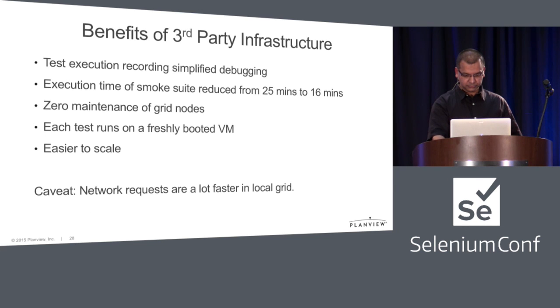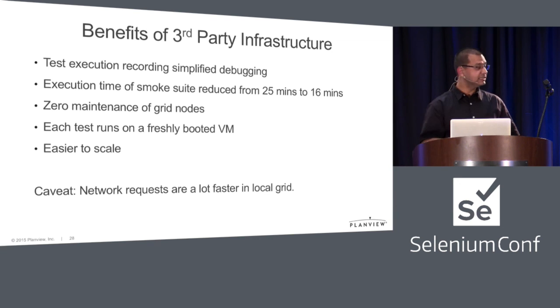Compared to local grid, running tests on third-party infrastructure has certain benefits. For each test job, a recording of the execution is available. This simplifies the debugging of failed tests. We saw an overall saving in the execution time: the execution time came down from 25 minutes to 16 minutes when we utilized the 6 concurrent VMs on Sauce infrastructure.